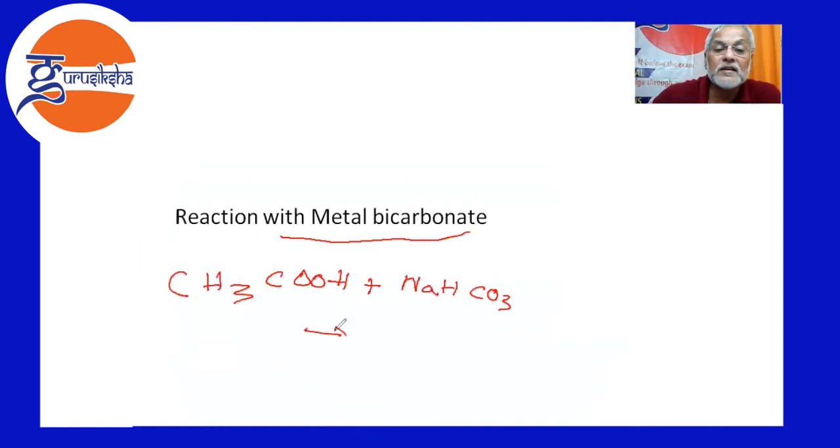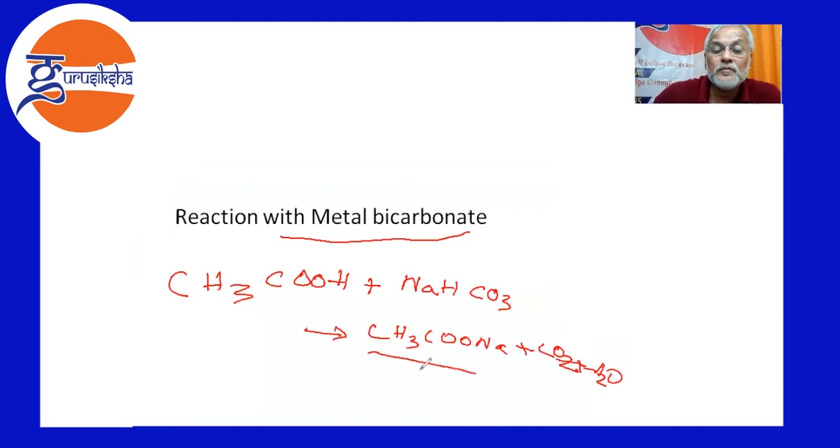If it reacts, the same salt will form: CH3COONa plus CO2 plus H2O.